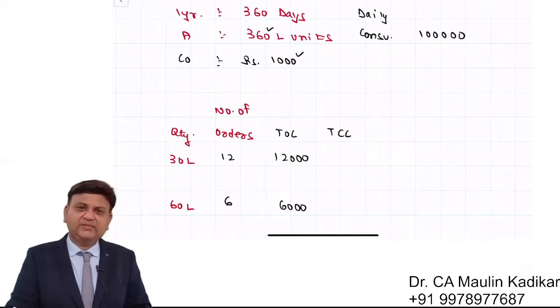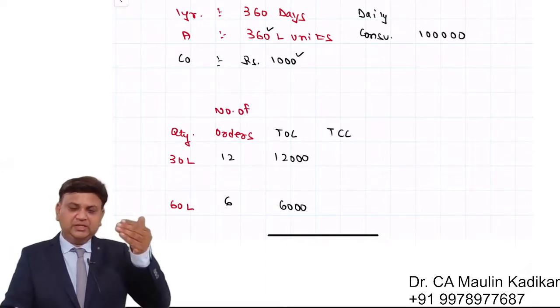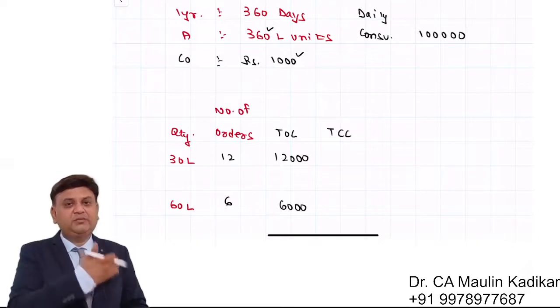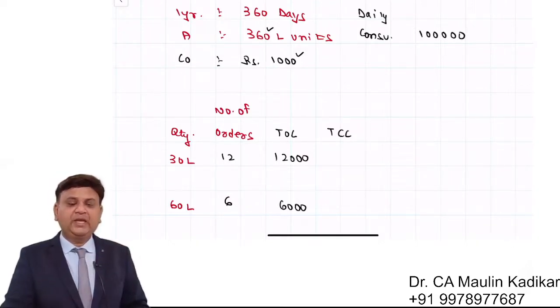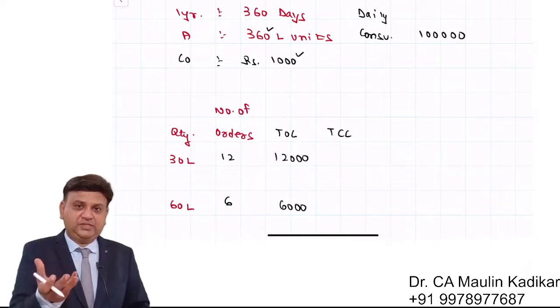What do we understand by the term total carrying cost? If we purchase more raw material, then in our godown we will have more units, and with that more blockage of funds.